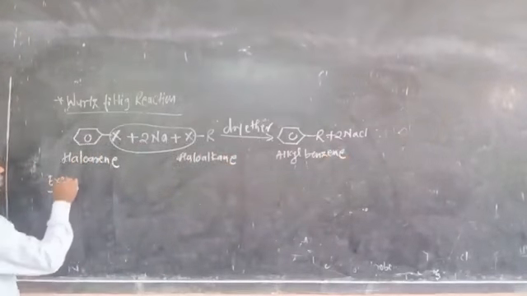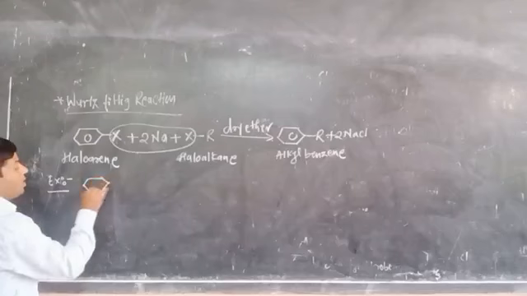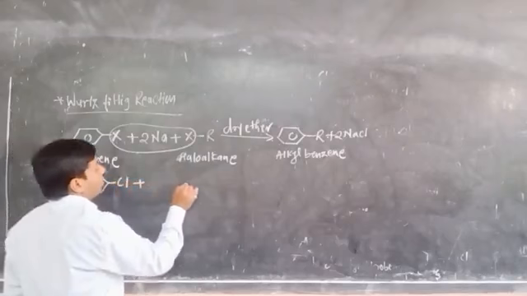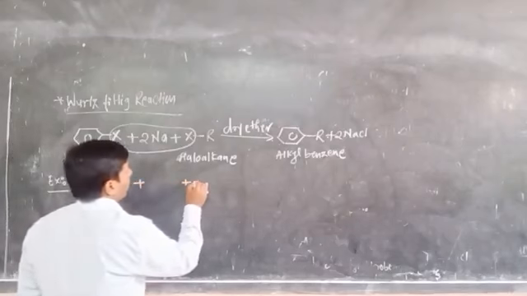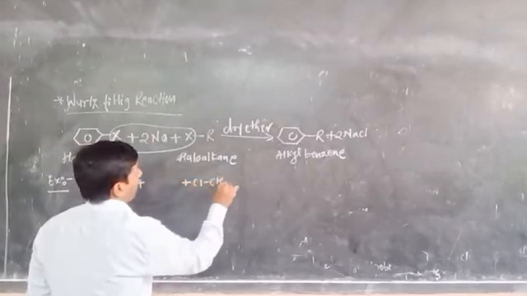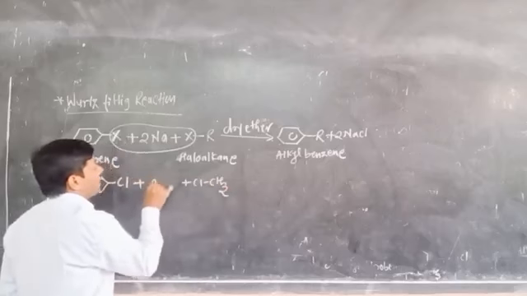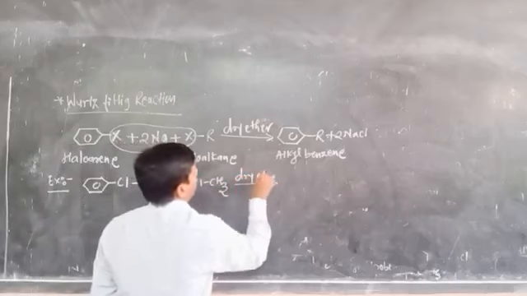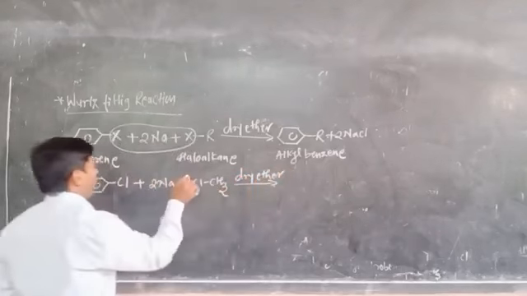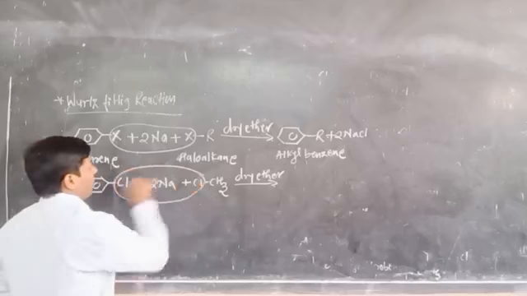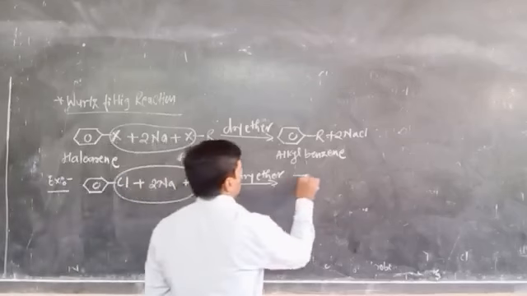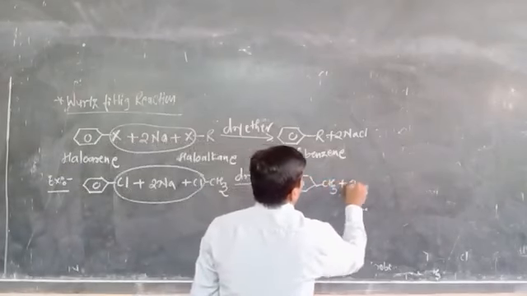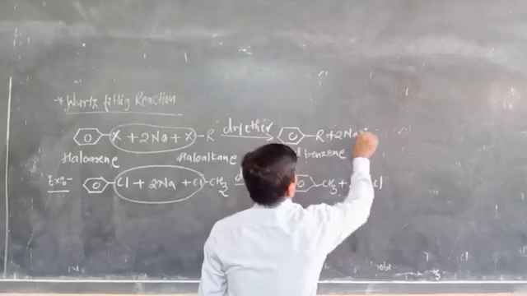So here I will choose the haloarene as chlorobenzene. When chlorobenzene is treated with methyl chloride, that is alkyl halide, in the presence of sodium metal and dry ether, it undergoes reaction, elimination of NaCl takes place, and it gives alkyl substituted benzene as a product, plus byproduct NaCl.